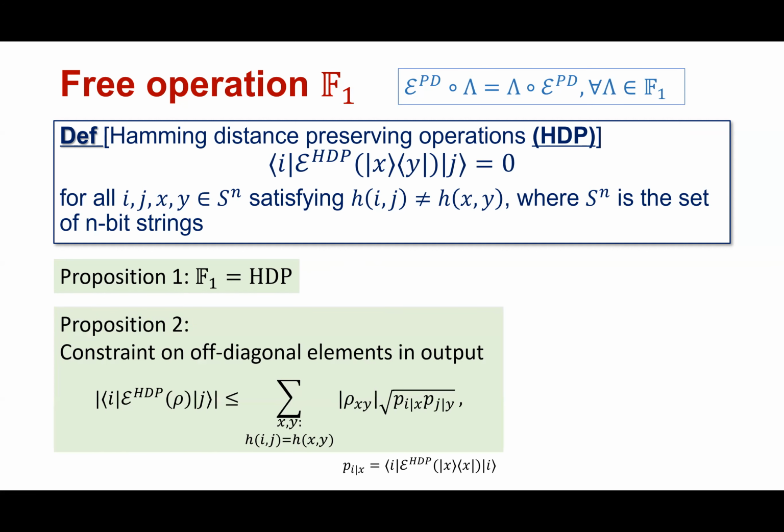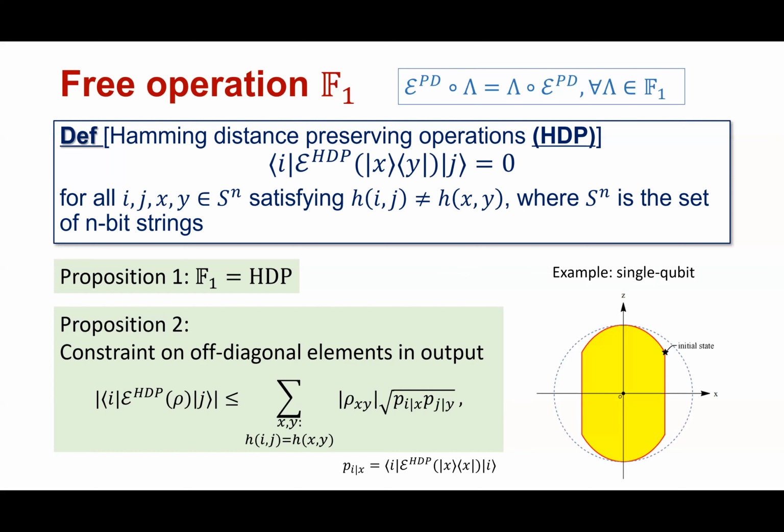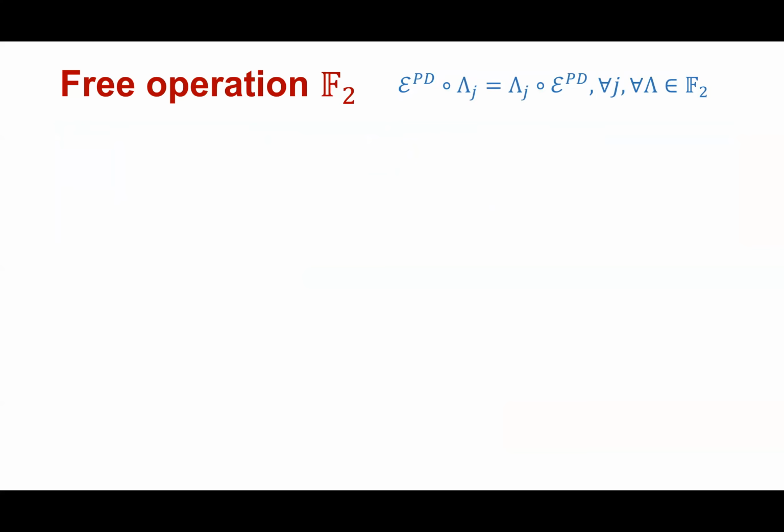And then by using this proposition, we prove that under Hamming distance preserving operations, the state transformation should satisfy this inequality. And for a qubit system, this inequality can be satisfied, but for n-qubit states, it cannot be satisfied.